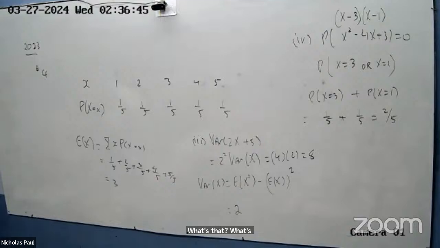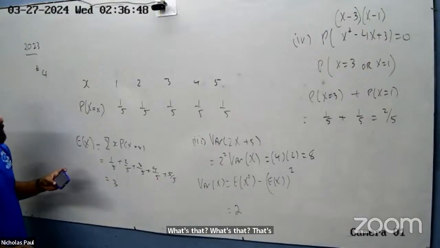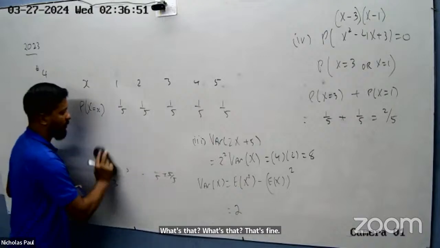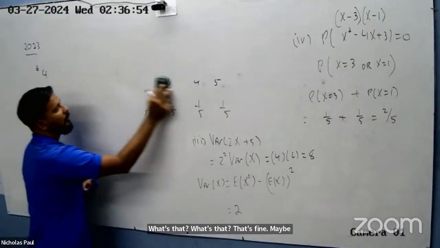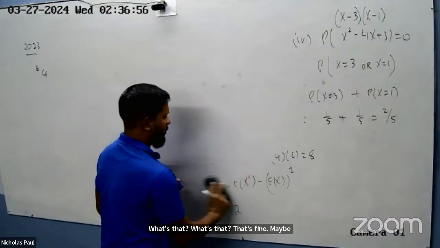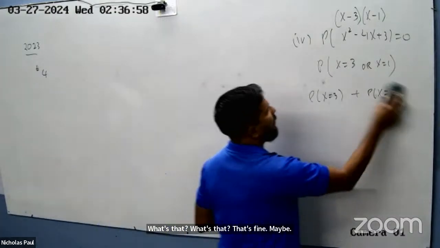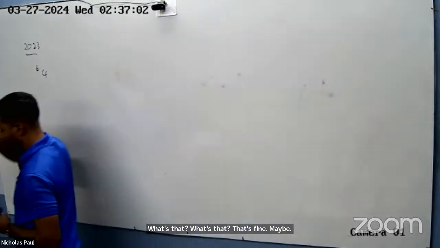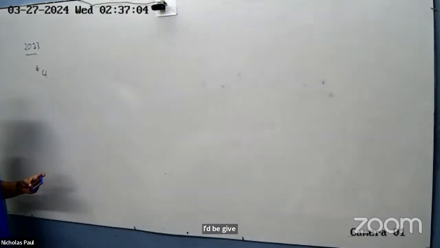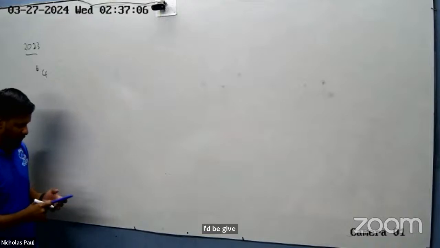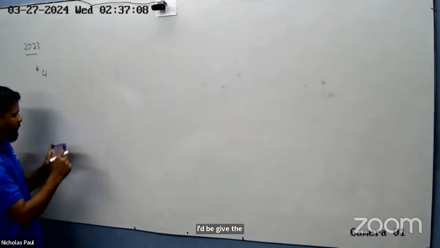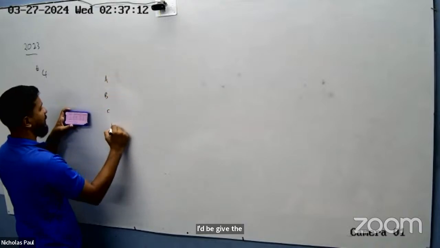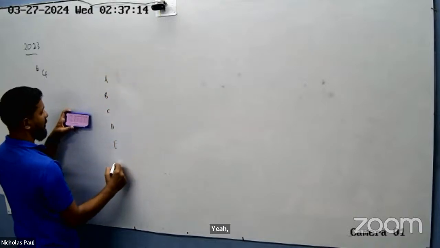So just give me an idea of what you end up with now. Right, they give you the proportions here. So you have A, B, C, D, E, and other, right?